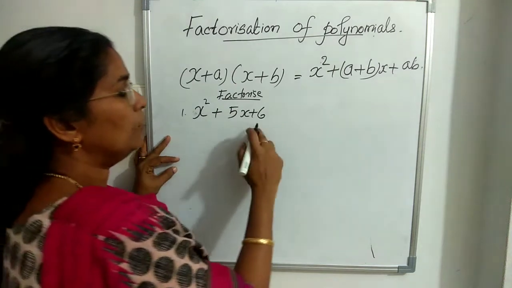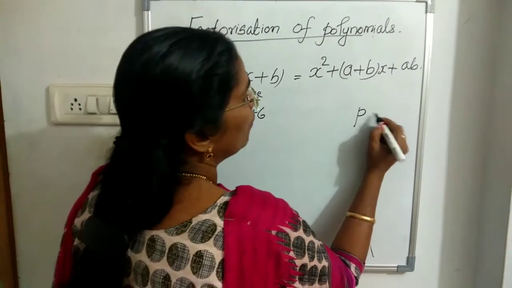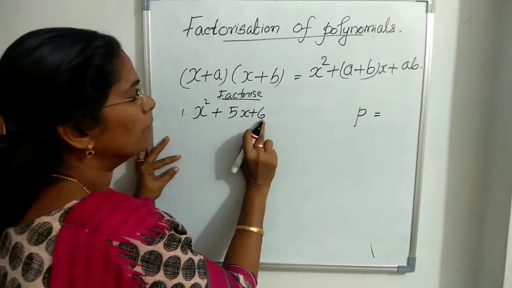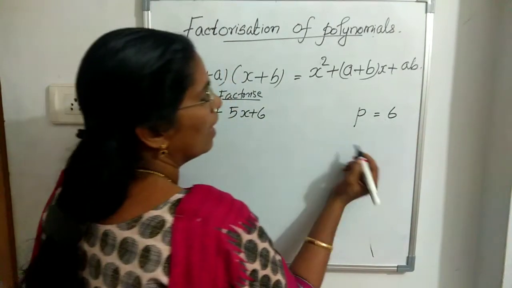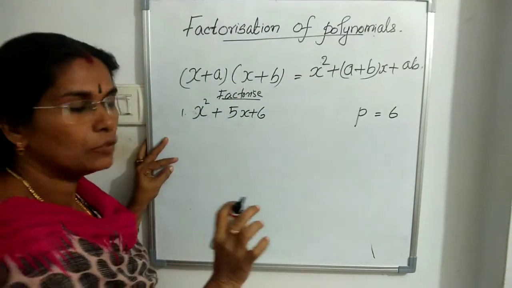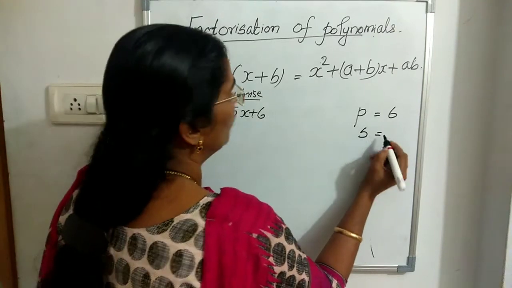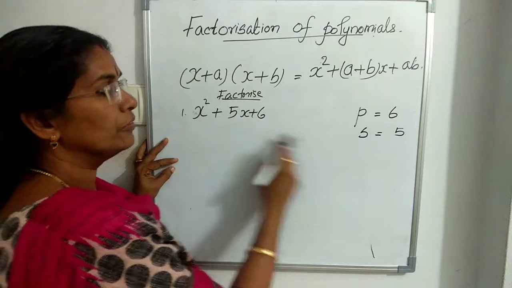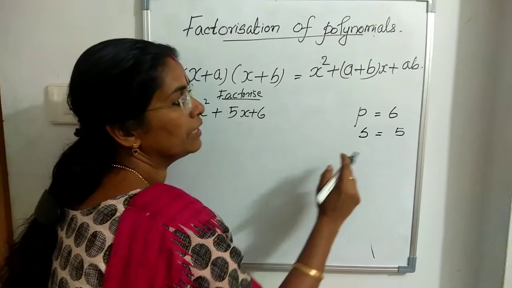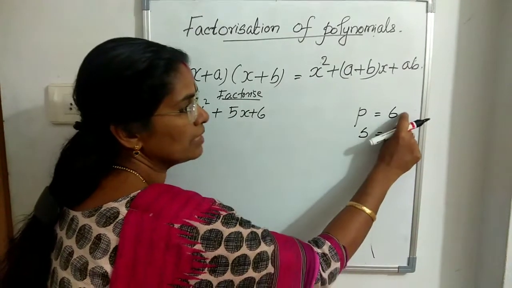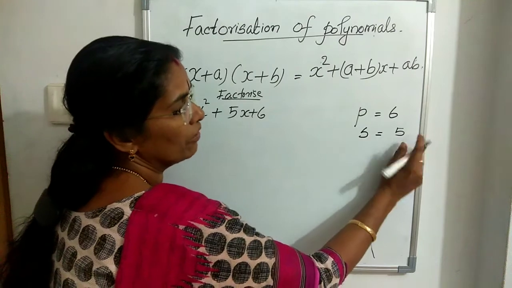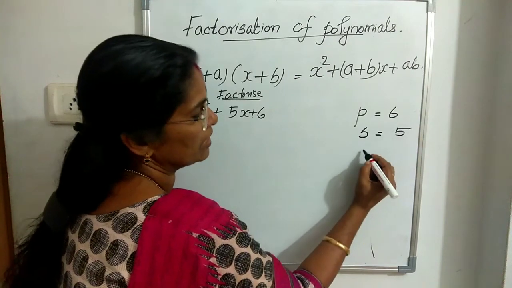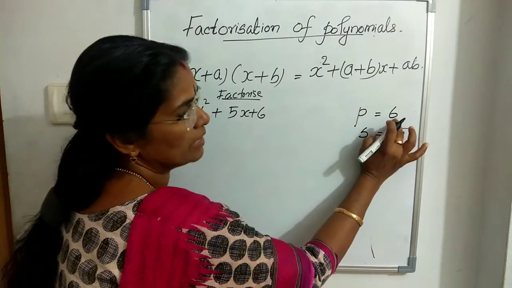By looking, we find two numbers whose product is 6 and whose sum is 5, the coefficient of x. Now we have to find which two numbers. For this we find the factors of 6.